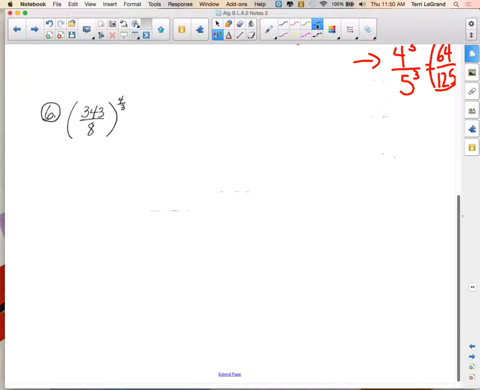So that's calculator usage going. I'm not really sure if that's because you're trying to see if 343 over 8 can be simplified first. But remember, no calculator on the quiz, so you can use it now.